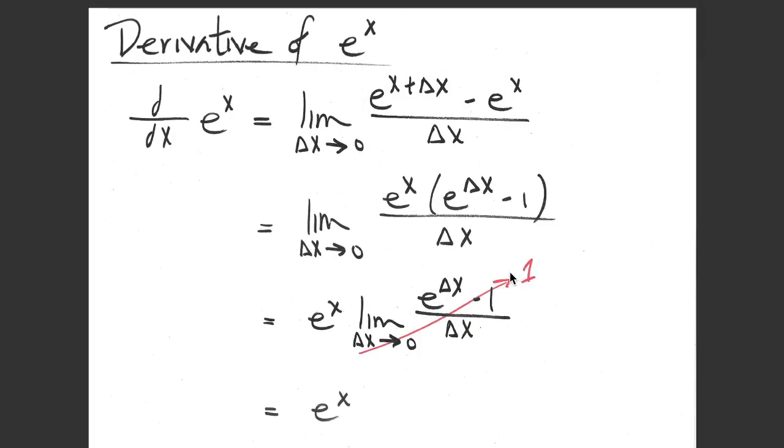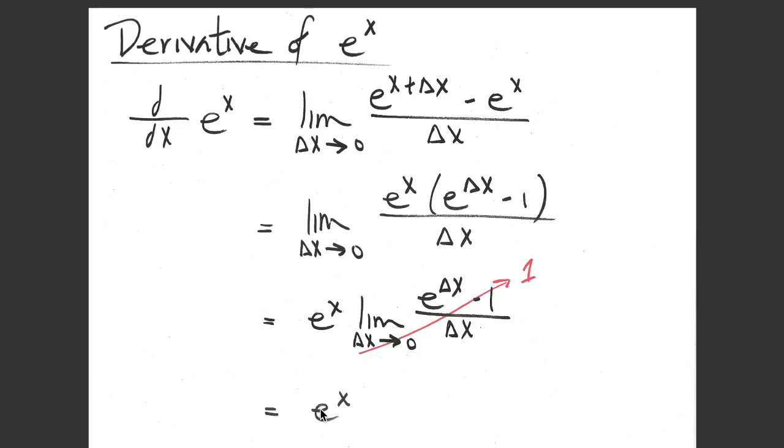I'm not going to go through the details of that, but that's what the result is. That limit as delta x goes to 0 of this creature turns out rather nicely to just be 1. And so the total computation has a result of just e to the x. That's kind of striking. The derivative of e to the x is e to the x itself.